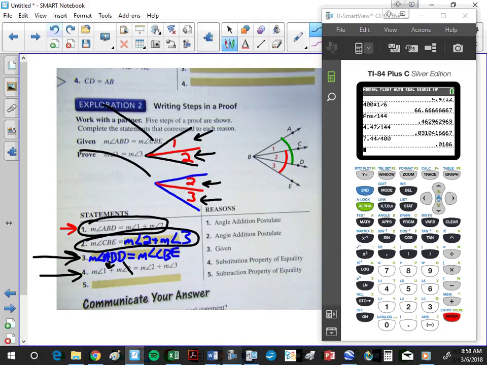So if I get rid of the 2's, I'm left with the measure of angle 1 is equal to the measure of angle 3. Does that make sense? Oh, 3? Sorry, you're right. There we go. Measure of angle 3. Does that kind of make sense? All right.